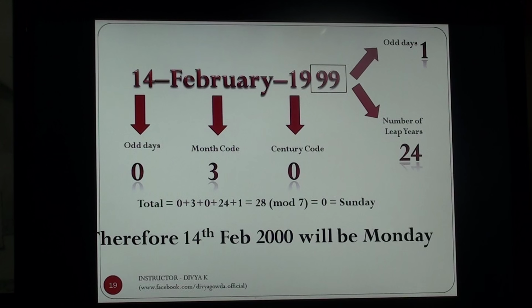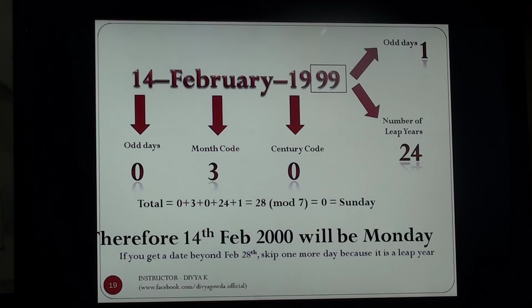If you got Wednesday, make it Thursday. But if you get something like 14th March in 1999, what is it going to be in the year 2000? Then you have to skip one more day. Any date beyond Feb 28, skip one more day because it is a leap year.